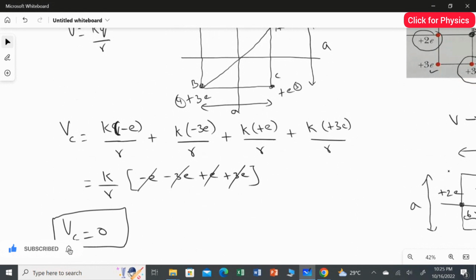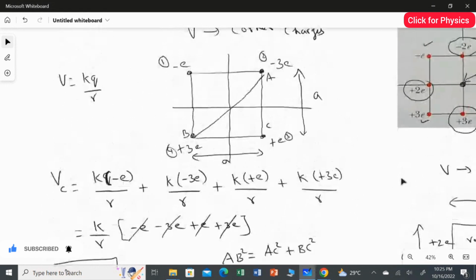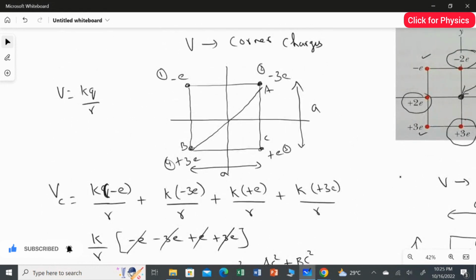Therefore AB square is equal to AC square plus BC square. Why do we find AB square, brother? You have to see here, half of this diagonal is your R.